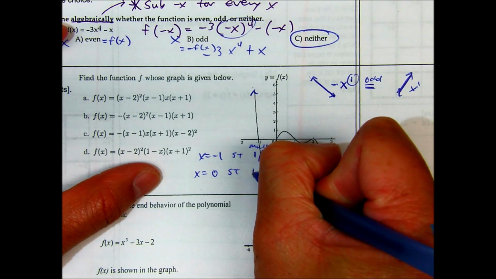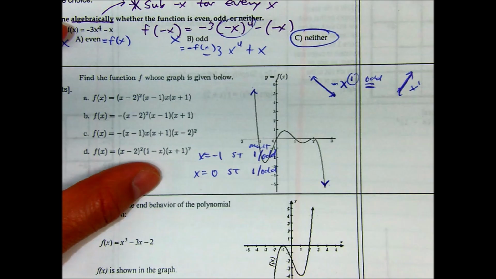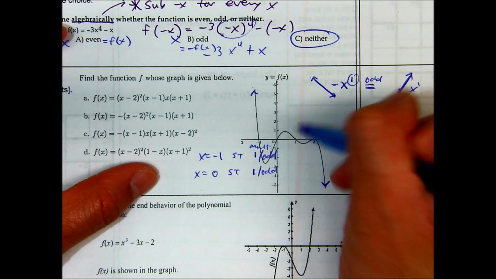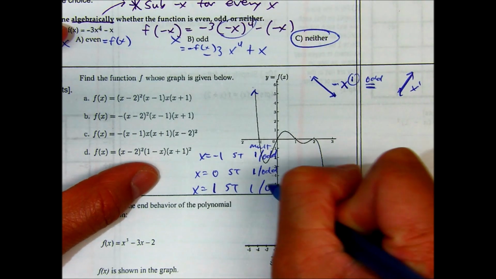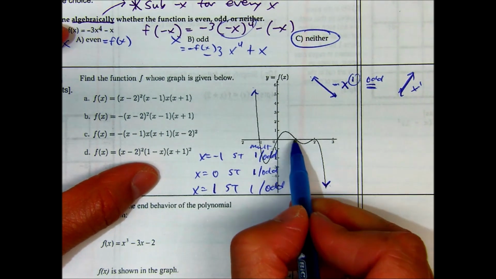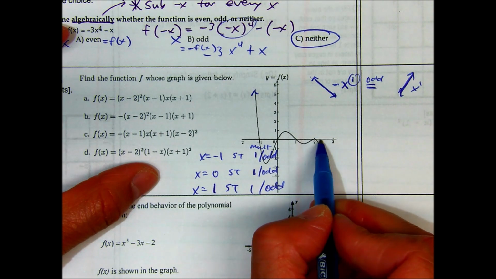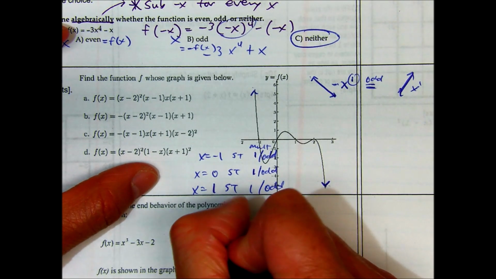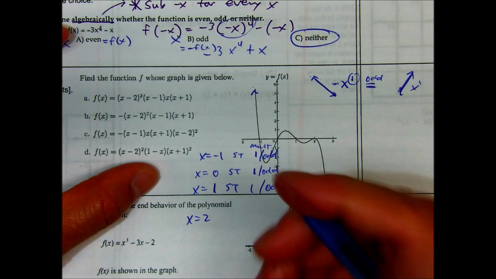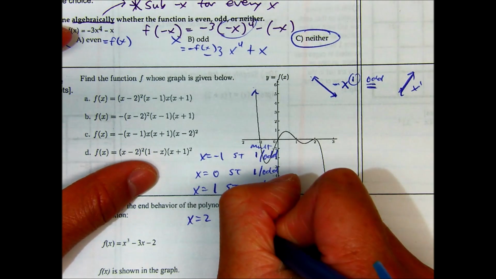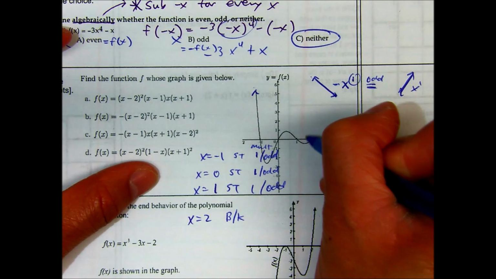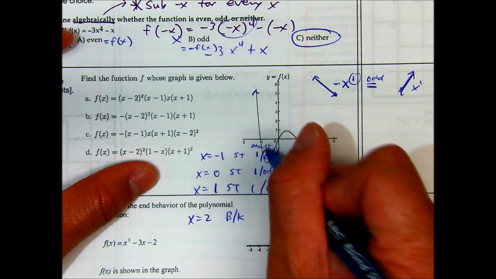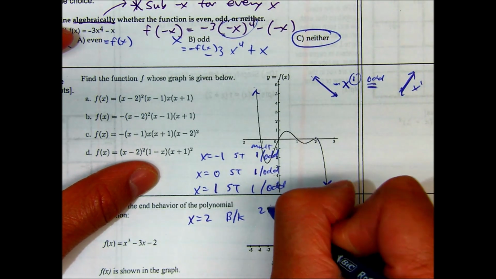So that means it's going to be a 1 or an odd. Okay, at x equals 1, that's also a shoot-through. And then pay attention, this is the only one that is a bounce or a kiss. So at x equals 2, we have a bounce or a kiss, and that's because your degree or the multiplicity is going to be a 2 or an even.